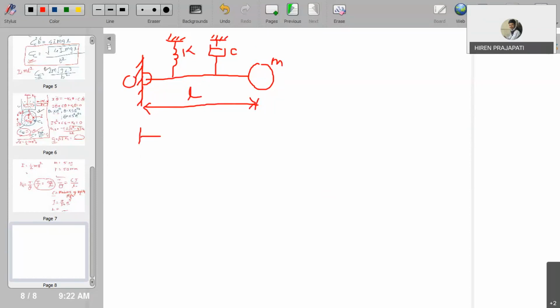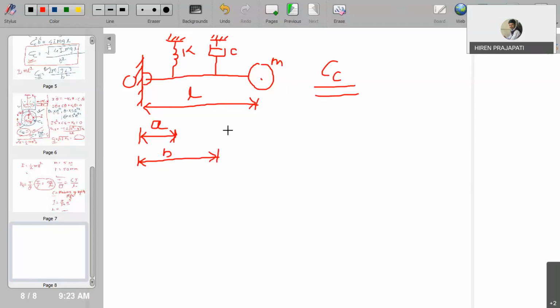The distance of the spring from this point O is small a, the distance of this damper from O is suppose B, and the distance of the mass center from O is L. So this much information is given. You are asked to find out Cc. So you can note this as your assignment problem.